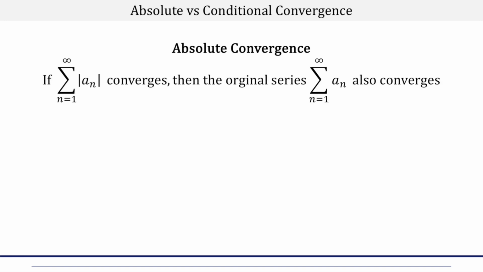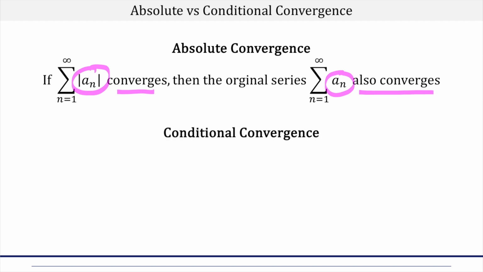Absolute convergence. If the absolute value of a sub n, the infinite series of that, converges, then its original series also converges. Conditional convergence.